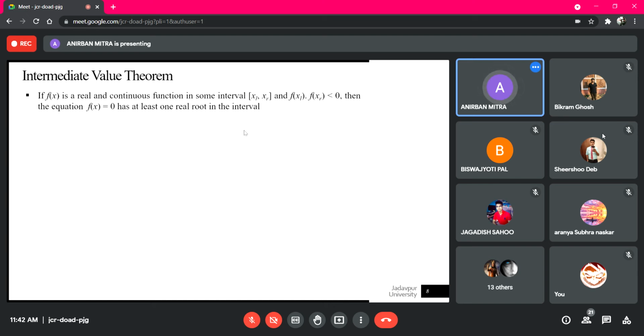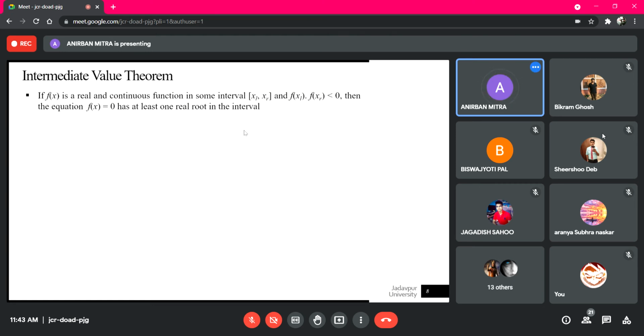What does this theorem say? It states that if f(x) is a real and continuous function in some interval xl to xr, where xl represents the left hand edge of the interval of the domain, and xr is the right hand side of the domain, and if the product f(xl) multiplied by f(xr) gives a negative value, then the equation f(x) equal to 0 has at least one root in the interval.